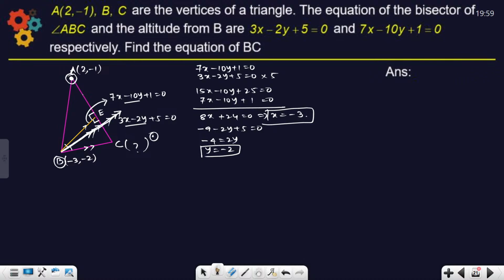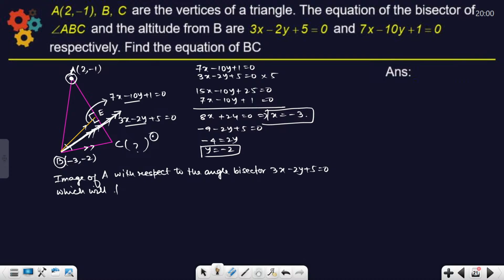Let me just find out its image on the line BC. Image of A with respect to the angle bisector 3x minus 2y plus 5 equals 0, which will fall on the line BC.